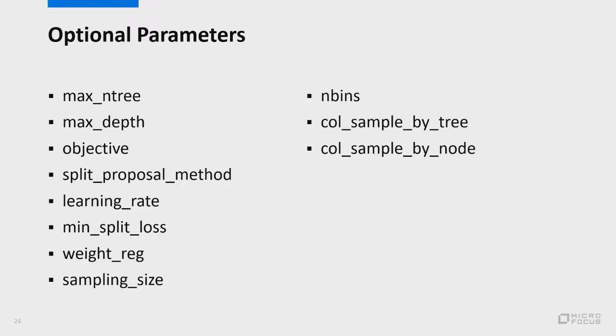Then we have some of the sampling parameters. Sampling size samples by row, so you can select a ratio of how many rows of the data set you want each tree to be trained with. And we have the col sample parameters, which stands for column subsampling. This affects what fraction of columns will be used to train each tree in each node.